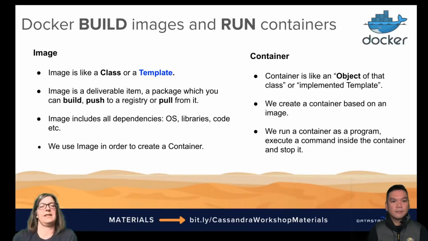So it's using an implementation of the template in order to run the application. So we can create many containers based on an image. We can create them running at the same time. They're basically just programs that use the resources provided in the image. Okay. And I can show you that in a moment.